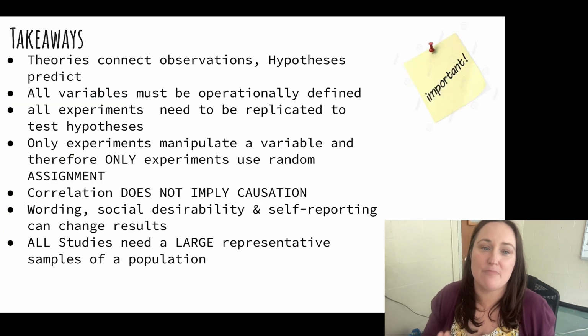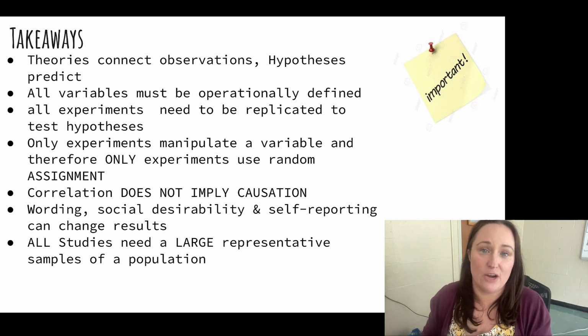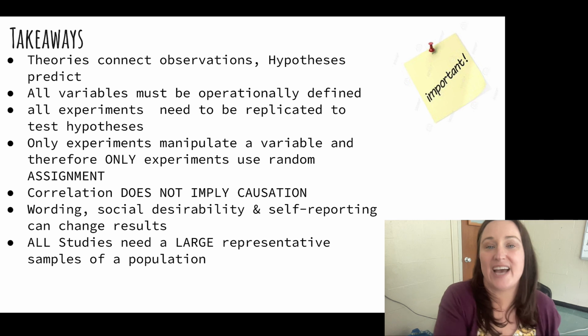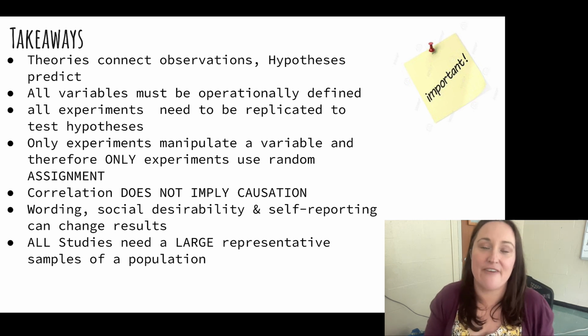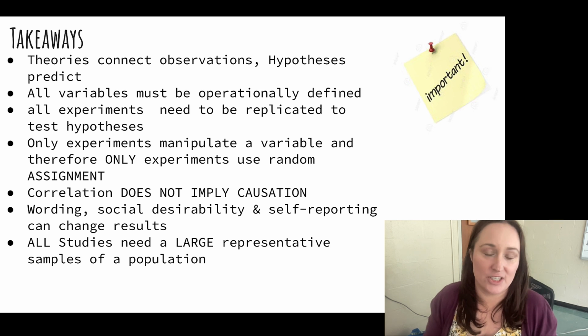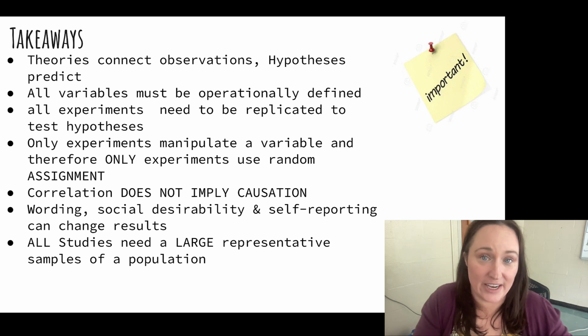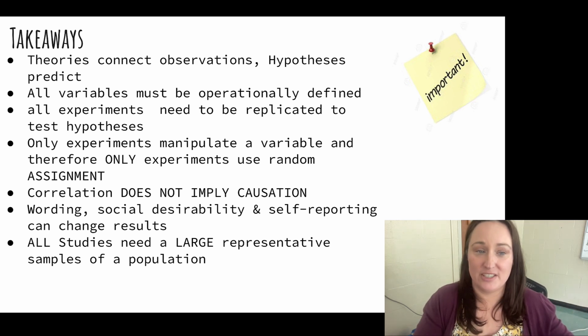So our takeaways. Remember, theories connect our observations and give us a general idea, where a hypothesis is going to test that idea, and it has to have falsifiability. Remember that all variables must be operationally defined. That's really important vocab for us. All experiments need to be able to be replicated, and that's another reason to operationally define, so we can test our hypothesis.